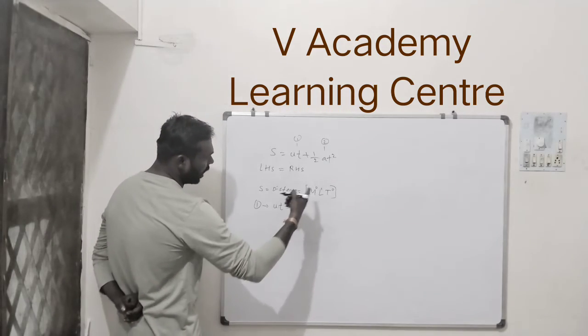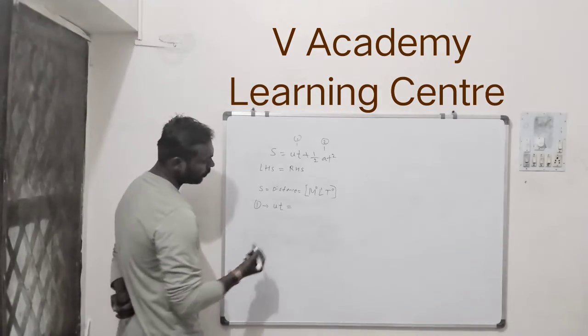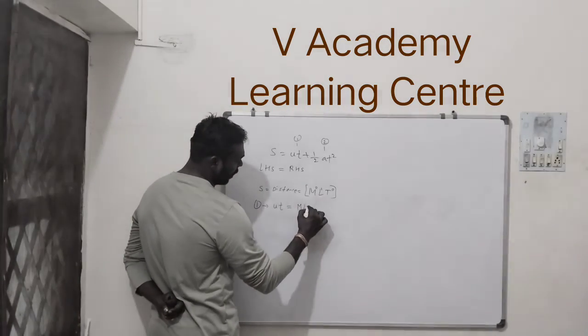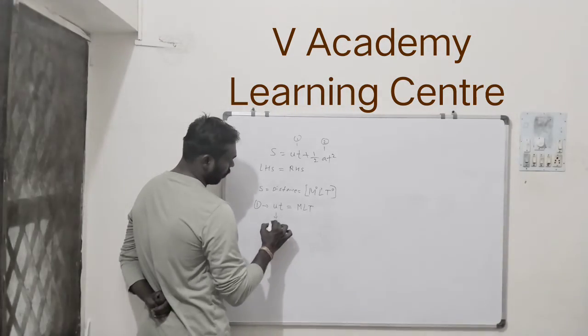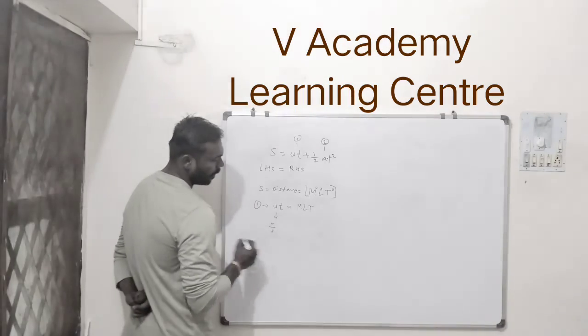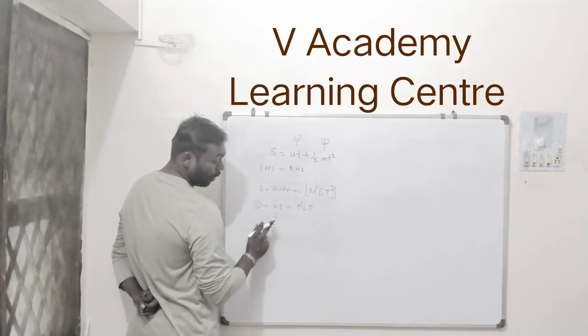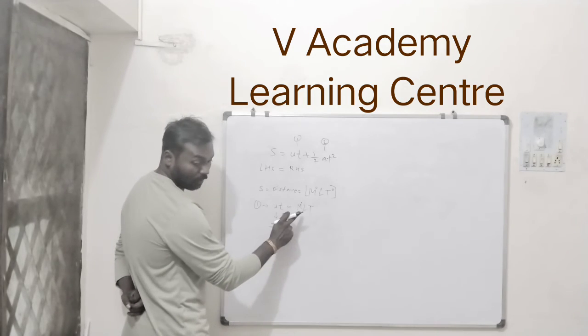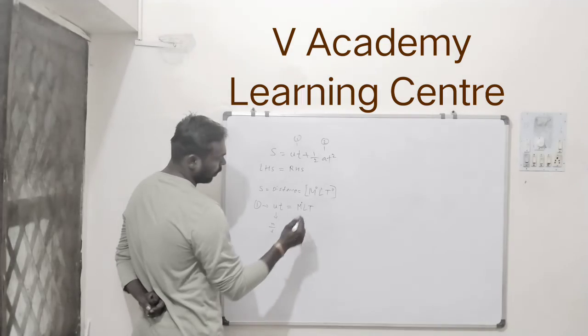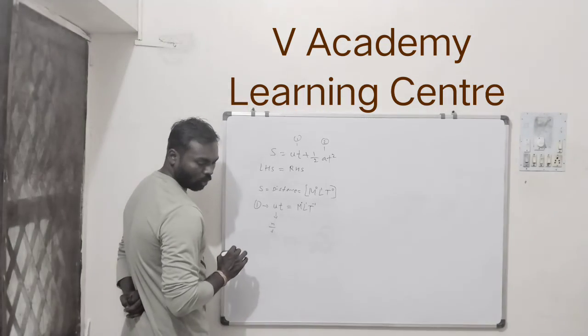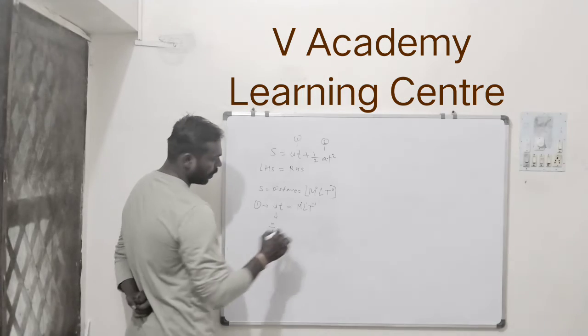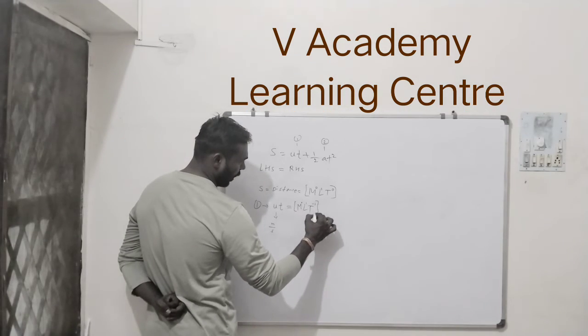What are the velocity dimensions, please? M0, L1, T raised to minus 1. Don't confuse small and capital M. M is mass, in a square bracket.